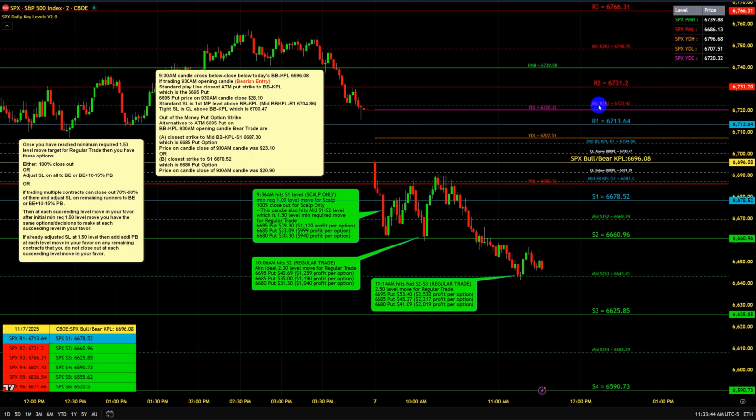The midpoint levels can be turned on in your user control panel above and below each main level, as well as the QL levels being turned on above and below each main level.